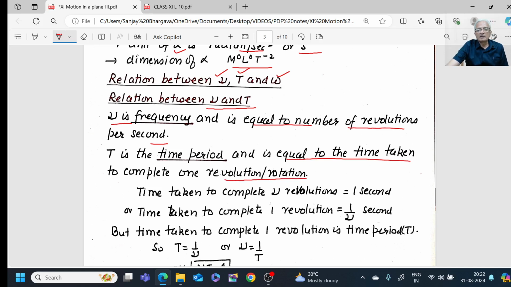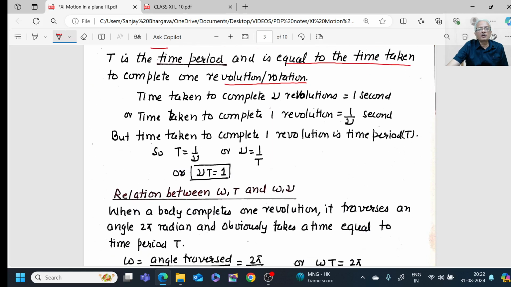So time taken to cover nu revolutions is 1 second. So time taken to complete one revolution is 1 by nu of a second, but the time taken for one revolution is called the time period. So T would be equal to 1 upon nu, or frequency nu is equal to the reciprocal of the time period. The product nu into T must be equal to 1.